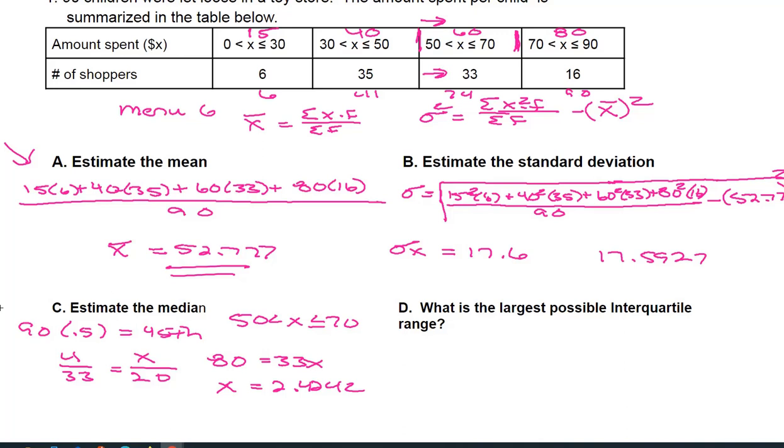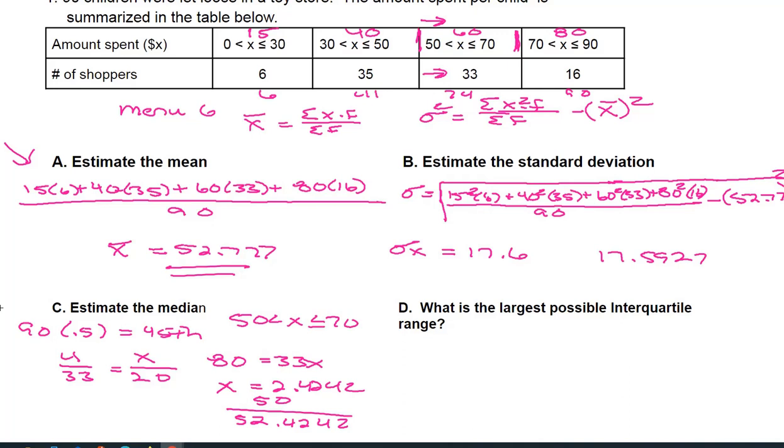So the next thing is we have to figure out where the class starts. In this case, you can see that there are no gaps, so the class starts at 50. And so we're going to add 50 to this, and we're going to get 52.4242.